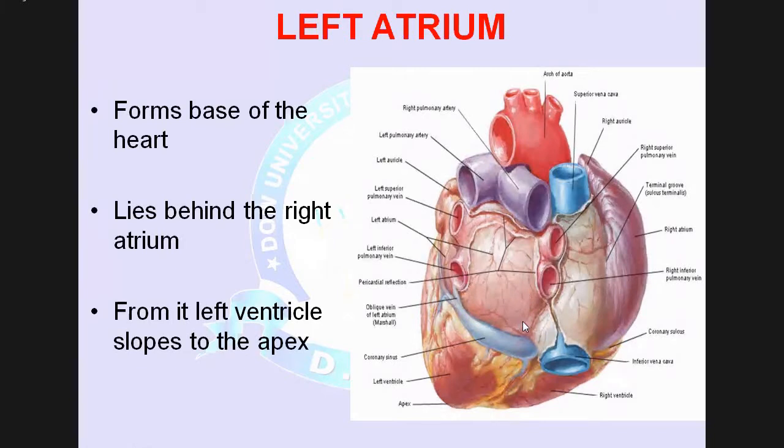And the left ventricle slopes down from below the left atrium right up to the apex over here. At the junction of the left atrium and left ventricle, you can see the coronary sinus, which drains all the way into the wall of the right atrium.